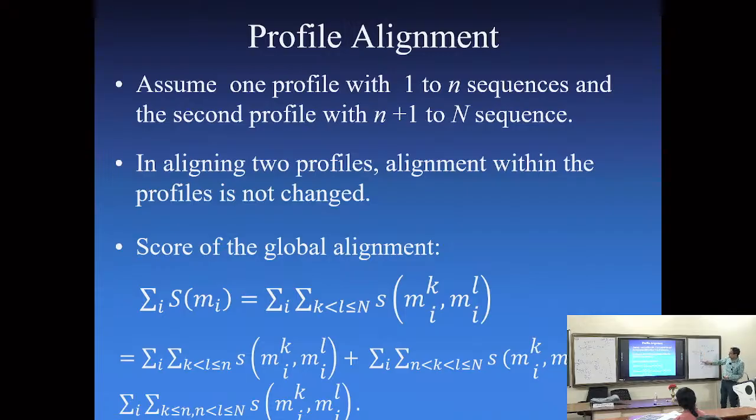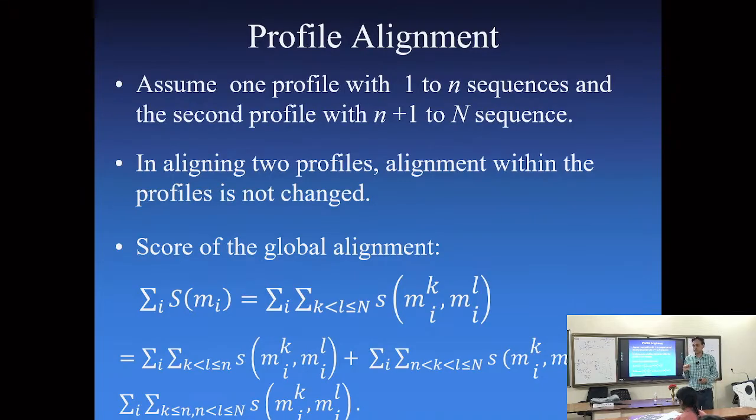Then the second one is this to this, and this to this. This is already done. This is frozen, already completed. So that is the second one. So they are constant. They are already done. The third one is the new one, which is the cross term. This compared with this across the clusters. This compared with this one with this, and so on. Okay, that is the third one.